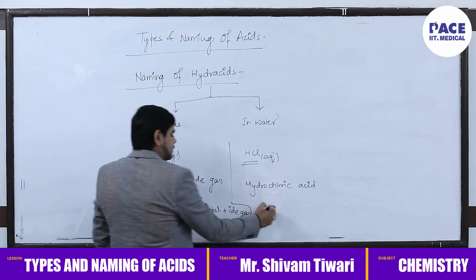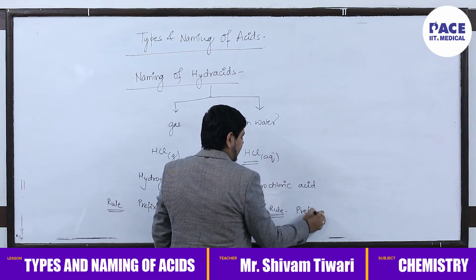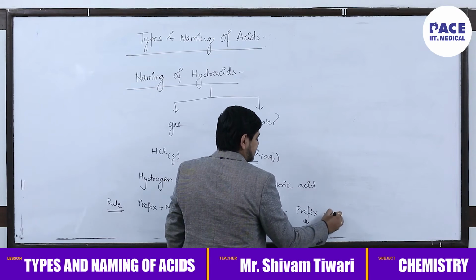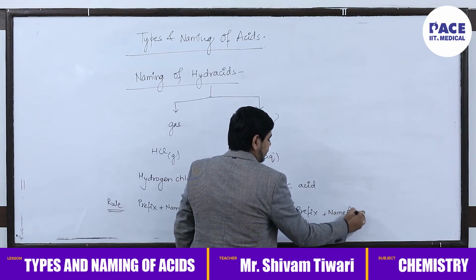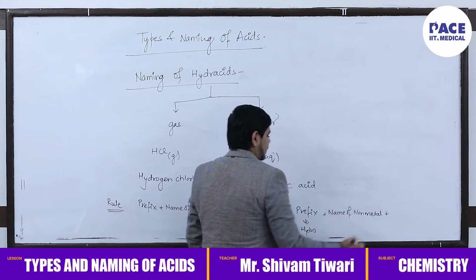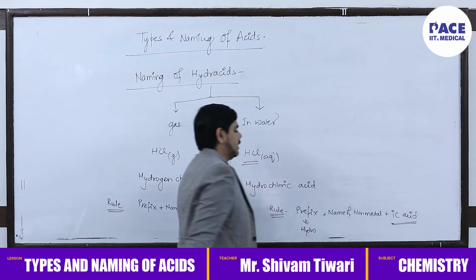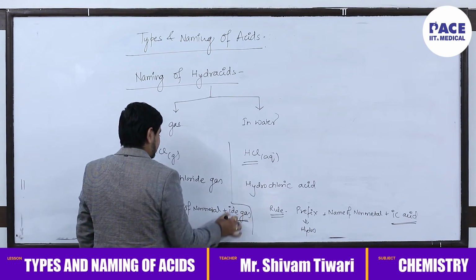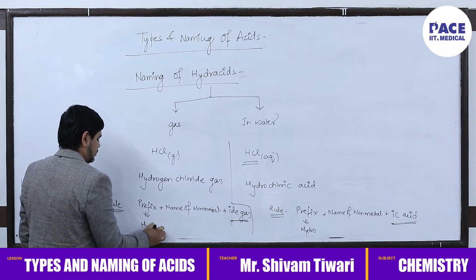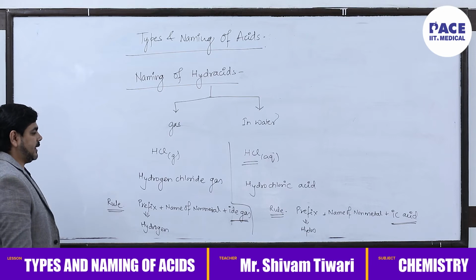Over here the rule is: prefix is going to be hydro, plus name of non-metal, plus ic acid. So ic acid is the suffix. Over here ide gas is the suffix. Prefix over here is hydrogen. So now with the help of these two rules, we can write the names.